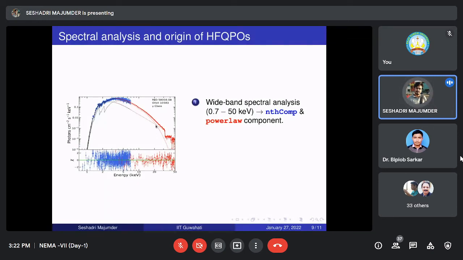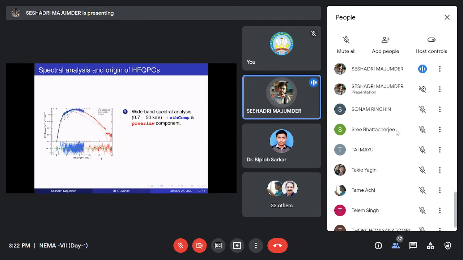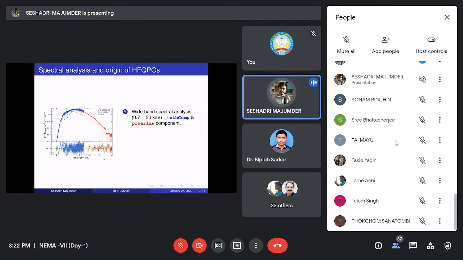After 25 keV, basically the power law is dominating the energy spectrum. These high frequency QPOs are due to the quantization, which is represented by this anti-Hitchcock component. Since it is dominating up to 25 keV only, the QPO is only present up to that energy range.